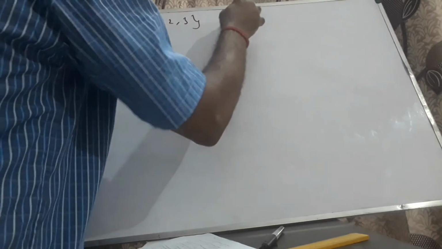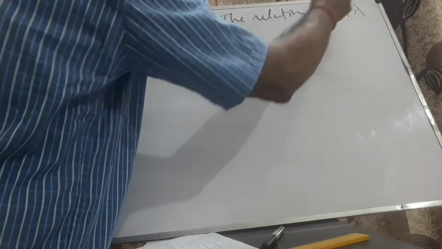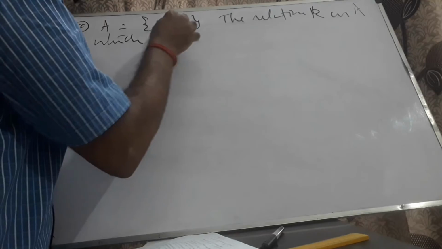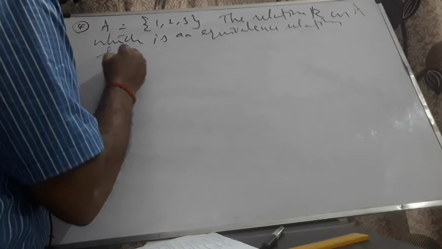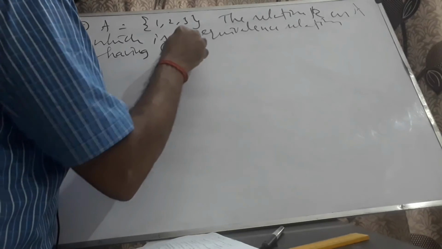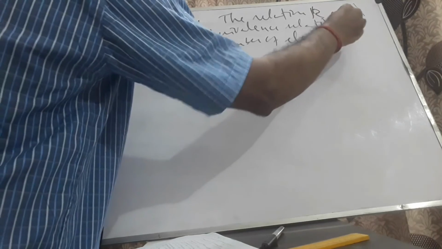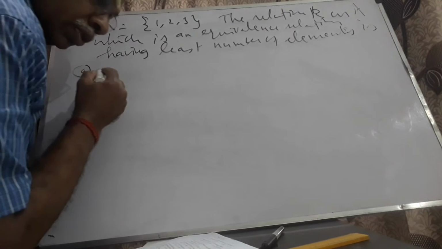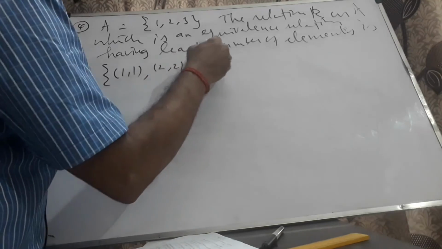The relation R on A, which is an equivalence relation, having least number of elements, is solution A. It is of course (1,1), (2,2), (3,3).